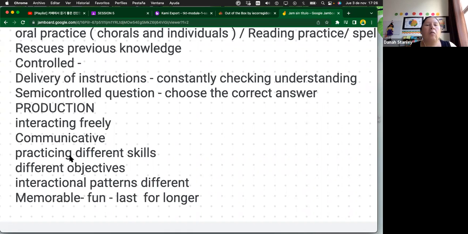Finally, in the production, they are interacting freely, the activity is more communicative, they are practicing different skills, they maybe practice speaking, writing, pronunciation, intonation, interaction, body language, asking for repetition, agreeing, disagreeing. If it is writing, for example, describe your ideal job, no?